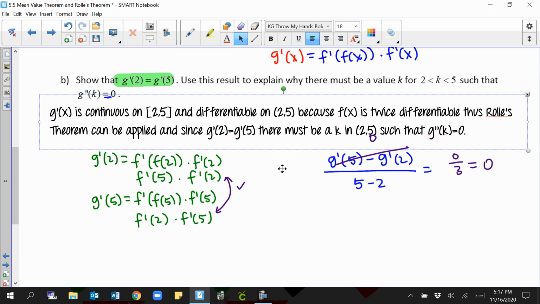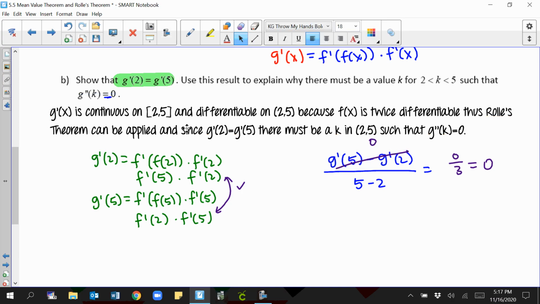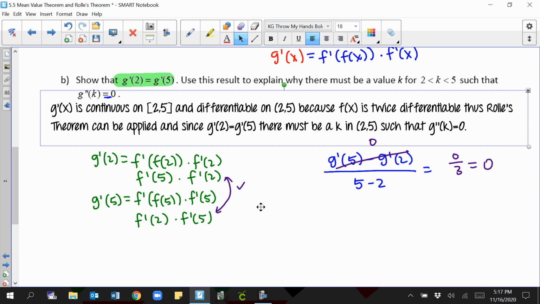So that's kind of how you can walk through and explain that using Rolle's theorem. So remember, Rolle's theorem is dealing with when our slope is 0. Mean value theorem is dealing with when it's not 0.